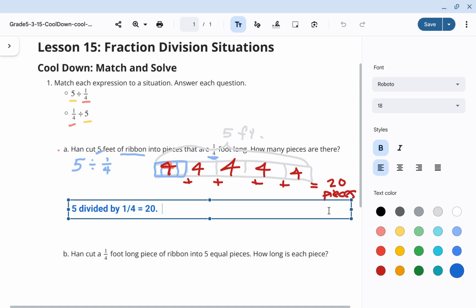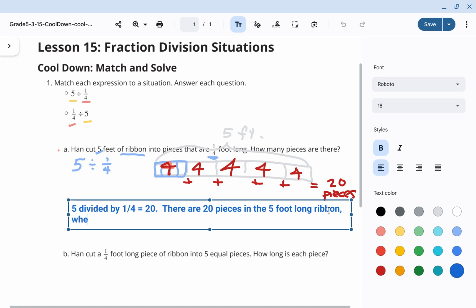Okay, now I'm going to say that there are 20 pieces in the 5-foot long ribbon when it was divided into 1/4 foot long strips, or let's say pieces, just to keep it consistent.